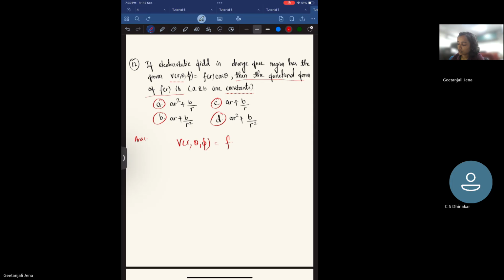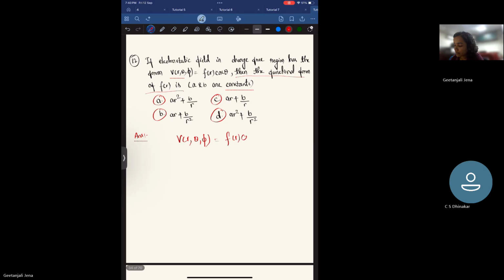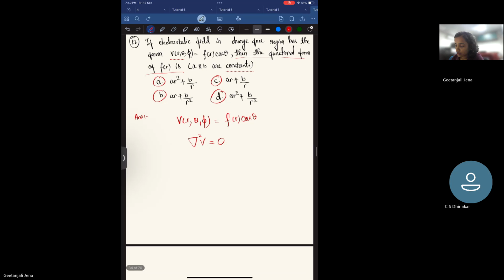V is f of r cos theta. Because it's charge-free, it will follow the Laplace equation. For spherical coordinates, we have 1 by r square, dou by dou r of r square dou V by dou r, plus 1 by r square sin theta, dou by dou theta of sin theta dou V by dou theta, which should be 0.